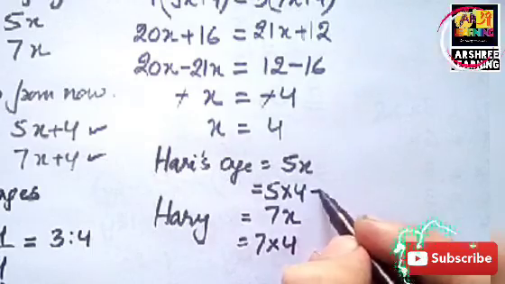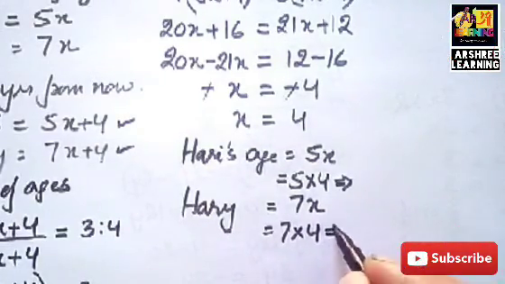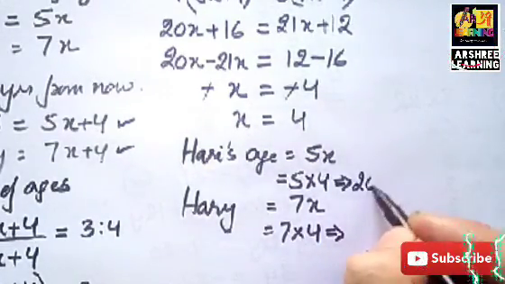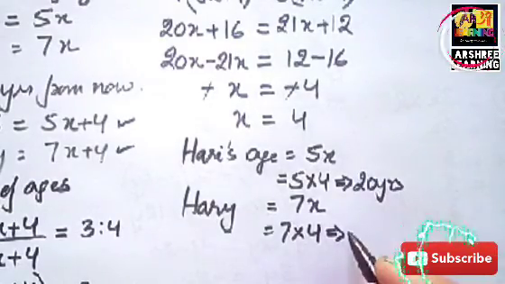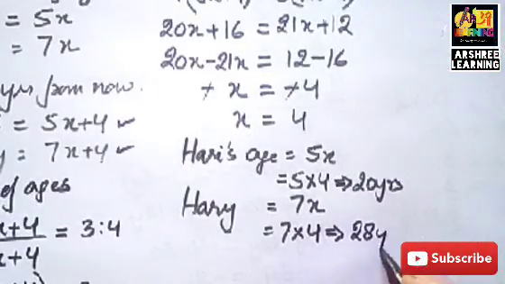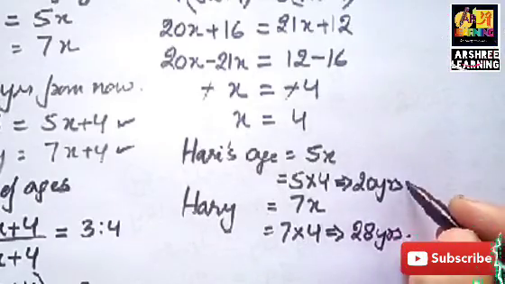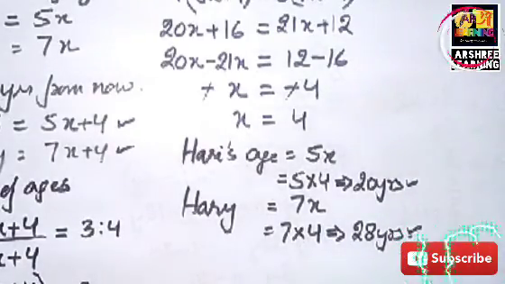So it will give you two answers. The age of two people, 5 into 4 is 20. It is 20 years and he is 28 years. So these are the two answers which you get in question number 6.